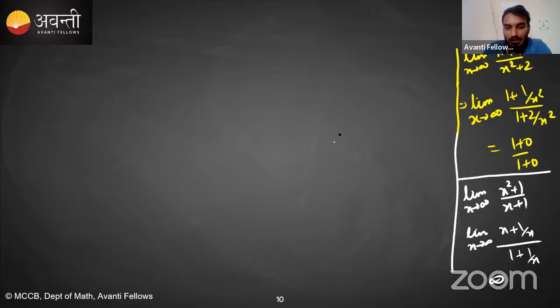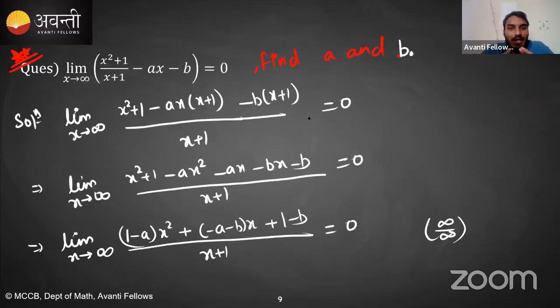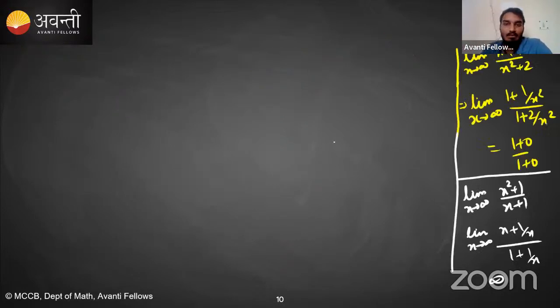So it means whenever you have infinity upon infinity form and the limit is finite, it means the highest power of the numerator and the denominator is equal. Are you getting my point?